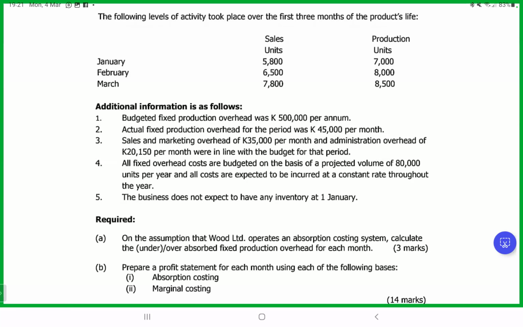Actually, these were in line with the budget for the period. The fourth note says all the fixed overhead costs are budgeted on the basis of the projected volume of 80,000 units per annum. The most important part to get is note number 5: the business does not expect to have any inventory at 1st January. So in short, we do not have the opening inventory.